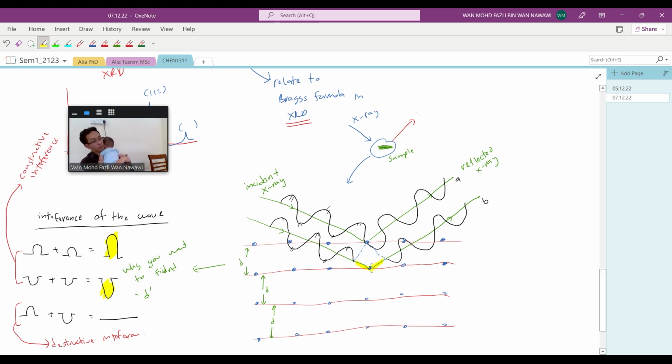Remember this is what is coming out. In order for the one that I highlight in blue to be similar to the one that I highlight in green, whatever happens in the middle here, in the yellow area, must be a full wave.